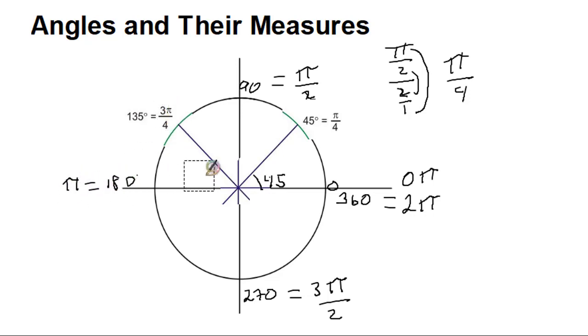What happens if I add pi divided by 4 to this number? It's going to be 4 pi divided by 4, or equal to pi, then 5 pi divided by 4, or in degrees 225.